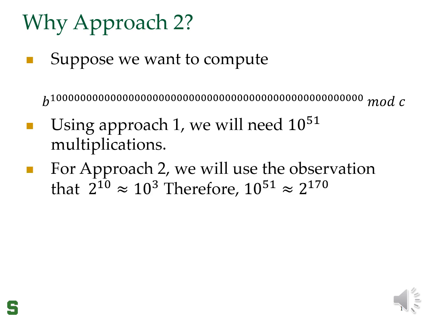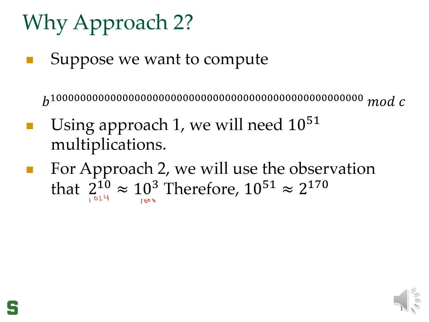For approach 2, we are going to use a little bit of observation to see how many steps would be needed. So what I'm going to observe is 2 to the power 10, which is 1024, is roughly equal to 10 to the power 3, which is 1000.